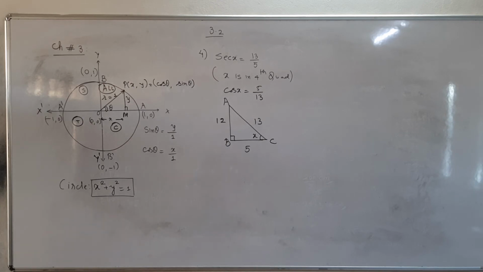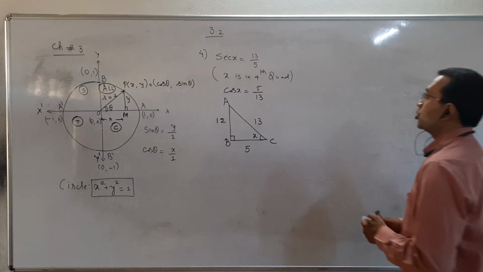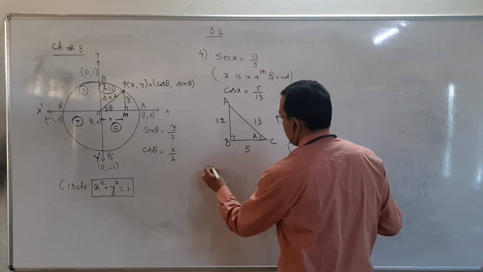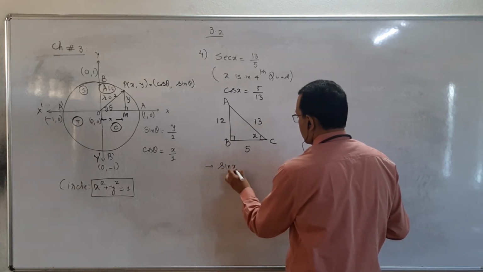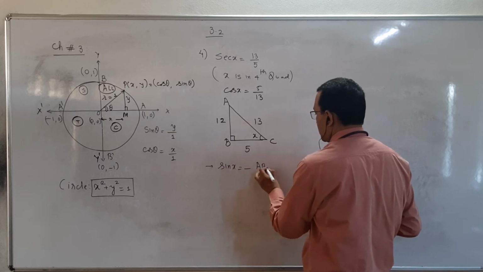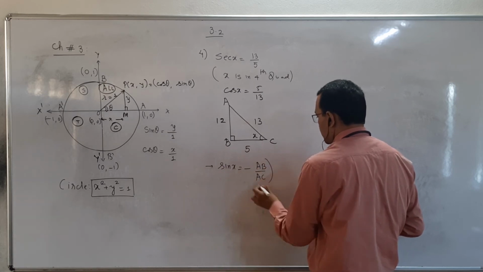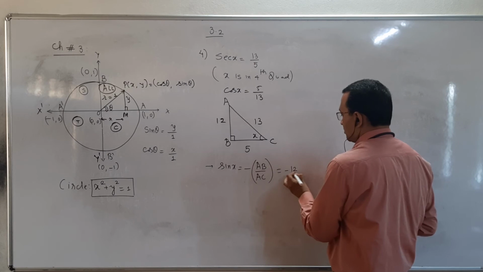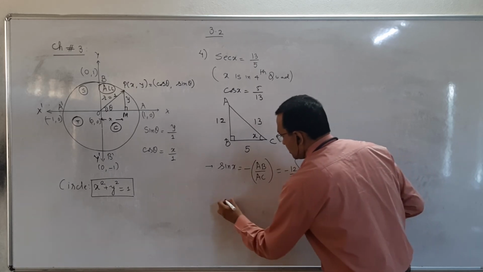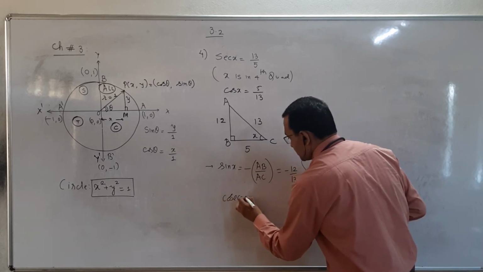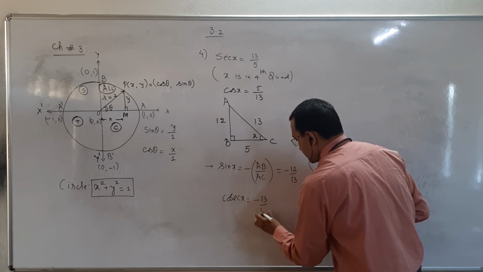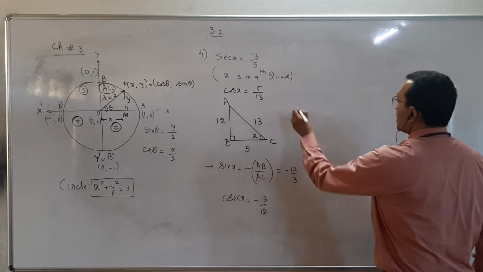So x is in the fourth quadrant. So sine of x will be minus of BC upon AC, because in the fourth quadrant sine will be negative. So minus 12 by 13. Immediately write its reciprocal. Cosec will be minus 13 by 12.